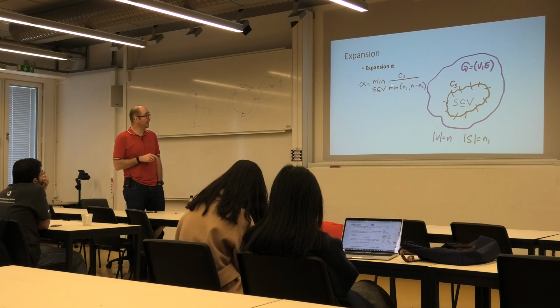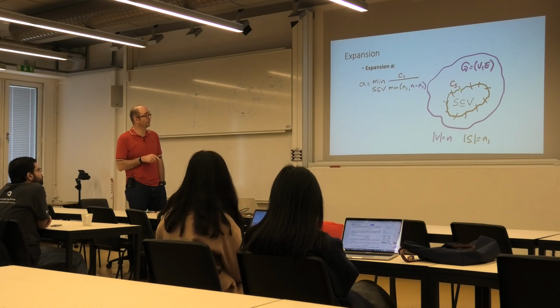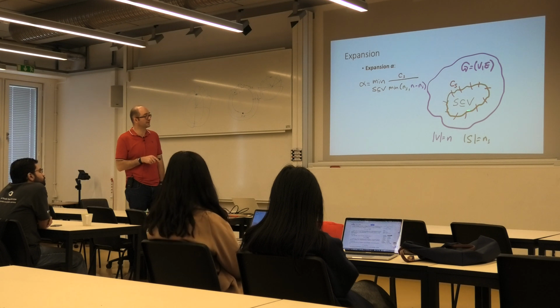Then expansion would be the minimal number of these cuts over all possible subsets, normalized by the number of people in that set that we cut off. So the cut versus the number of people we isolate.